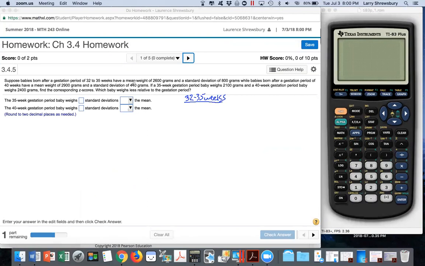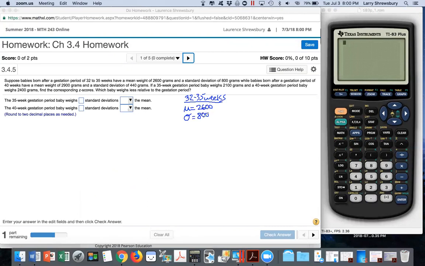And they have a mean weight, so I'm going to use the population mean symbol. And you need to keep reviewing what these symbols mean because we'll be using them all term. So that's 2,600 grams. And a standard deviation, so I'll do sigma, the population standard deviation, of 800 grams.